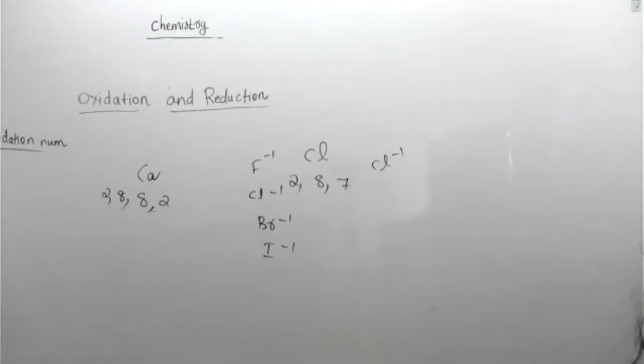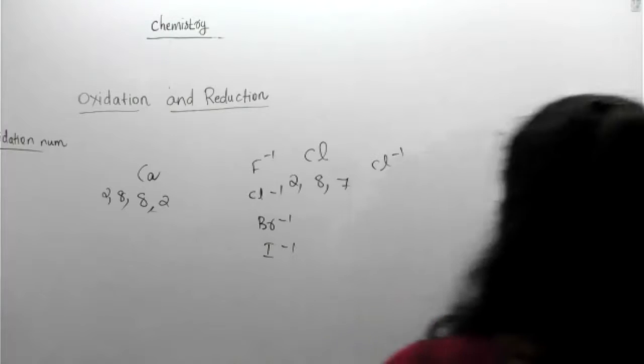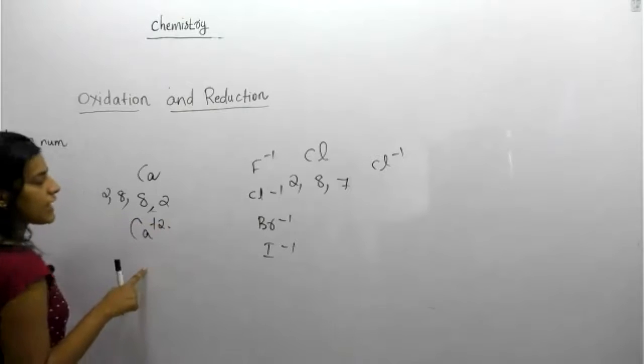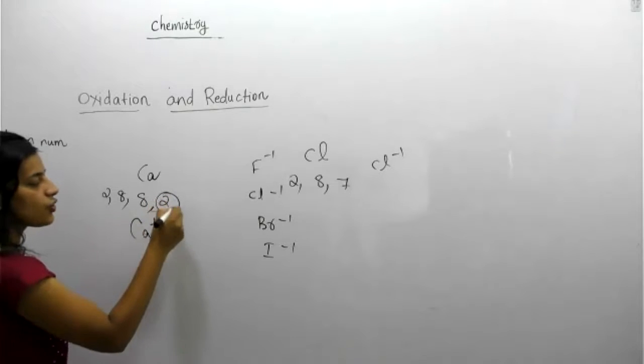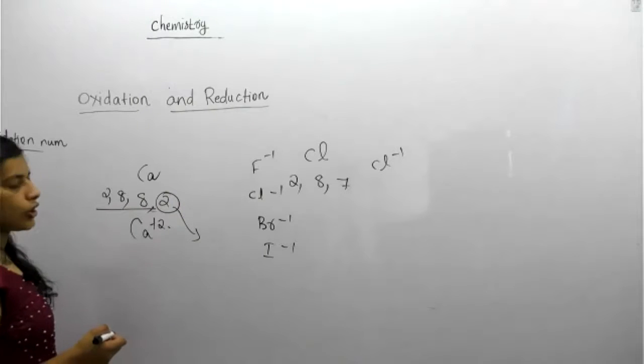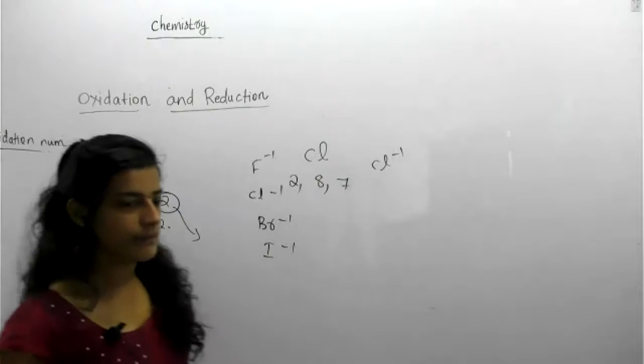Check, students, will it accept or remove electrons? Yes, right, Shayali, you are right. Calcium is plus 2, Ca plus 2. So Ca plus 2 means these electrons are going to be removed, so that it becomes 2, 8, 8, a stable octet configuration. That's why. Clear? Very good.